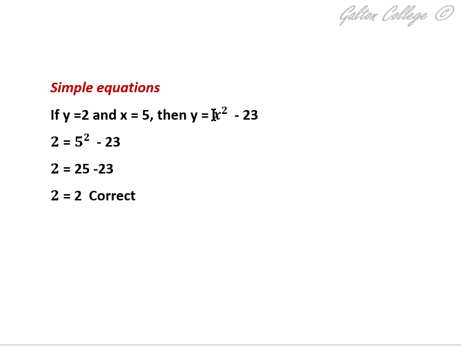So we'd have 5 squared, take away 23. So we'd have y is equal to 2, x is equal to 5, 5 5s are 25, take away 23. So we have 25 take away 23, 2 is equal to 2. So it's correct.